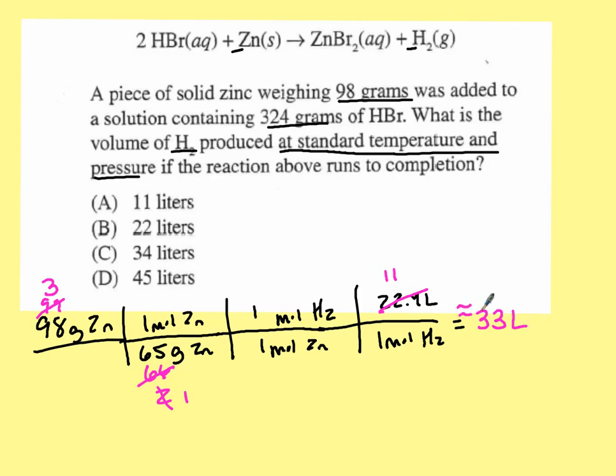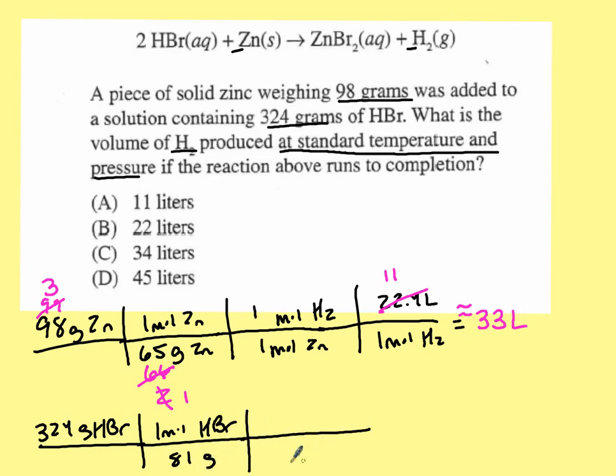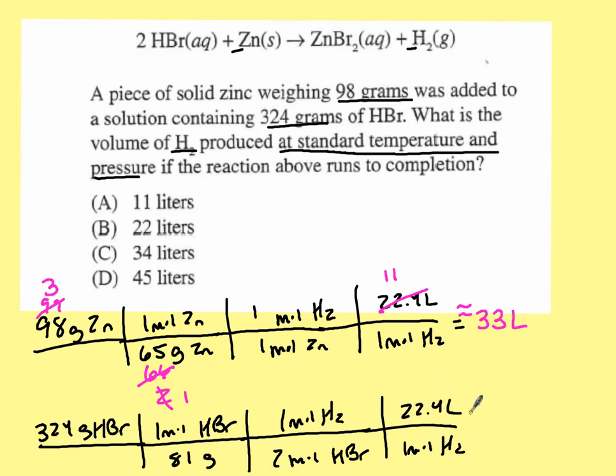Now I'm going to do the same thing with my HBr. I have 324 grams of HBr. 1 mole of HBr is about 81 grams. And there's 2 moles of HBr for every 1 mole of hydrogen. And 1 mole of hydrogen is still 22.4 liters.